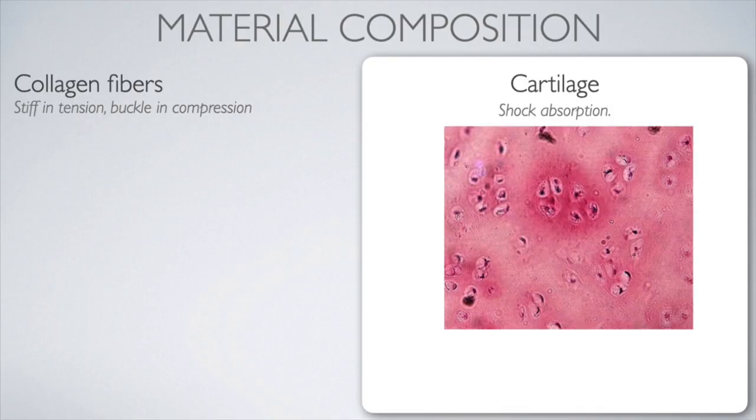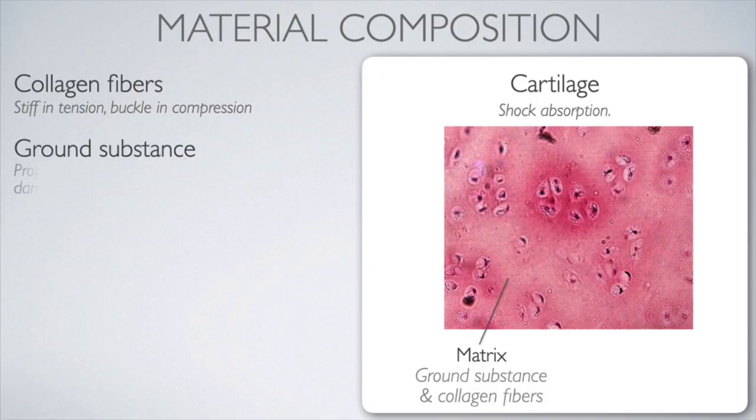Next up is cartilage. Cartilage plays an essential role in shock absorption. What we have here is collagen fibers that are surrounded by what we call ground substance. Ground substance generally corresponds to a proteoglycan hydrogel that resists compression and dampens, but it can't resist any tension.